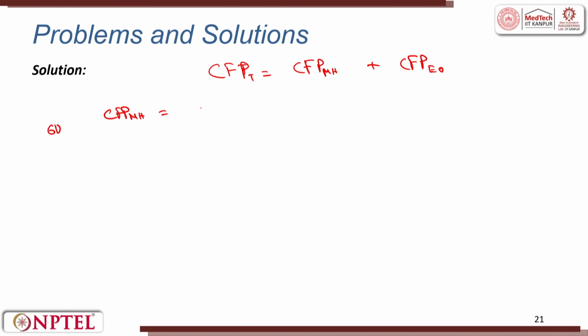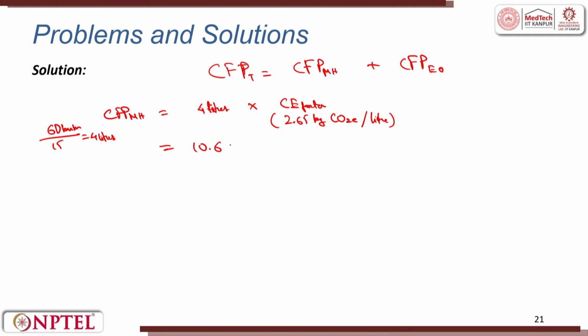So 60 kilometers daily divided by 15 gives 4 liters of fuel. This times the carbon emission factor, 2.65 kg of carbon dioxide equivalent per liter, turns out to be 10.6 kilograms of carbon dioxide equivalent.